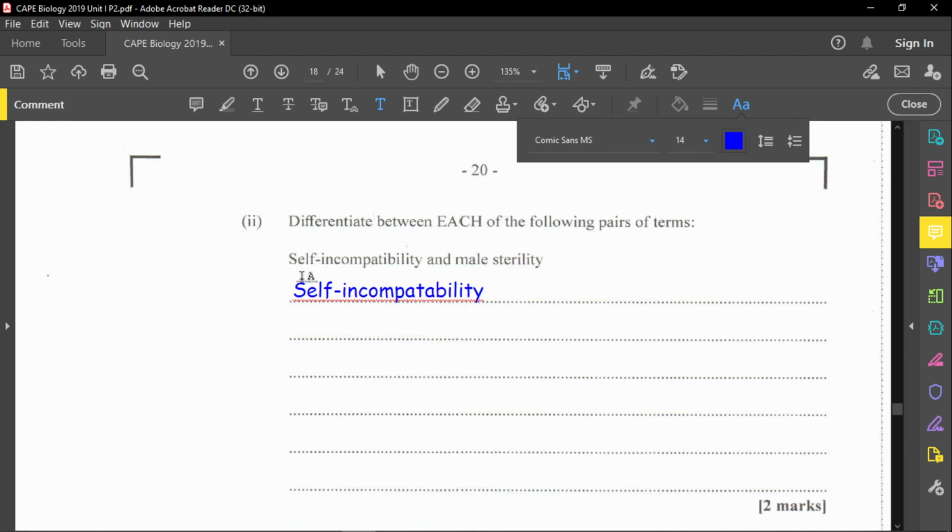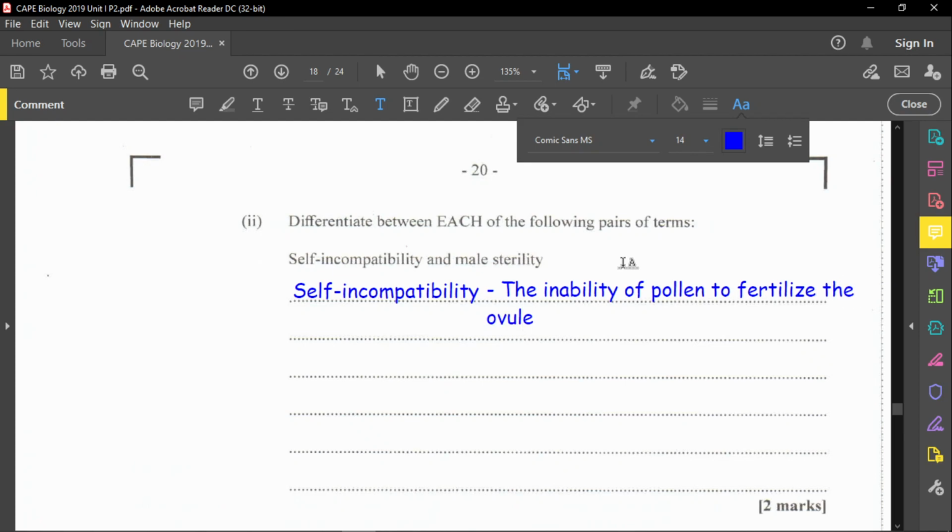All right, so self-incompatibility means the inability of a pollen, and remember we talked about the pollen earlier, of the pollen to fertilize the ovule.